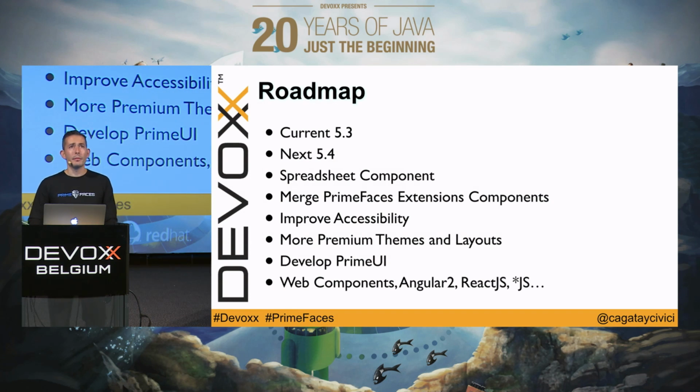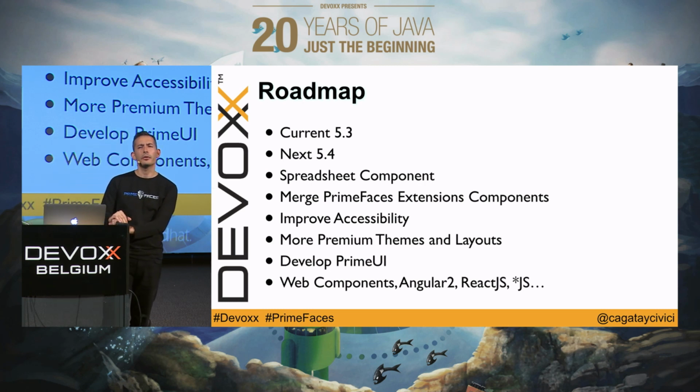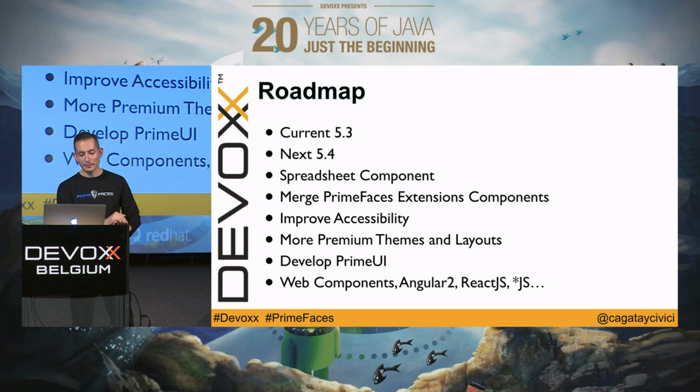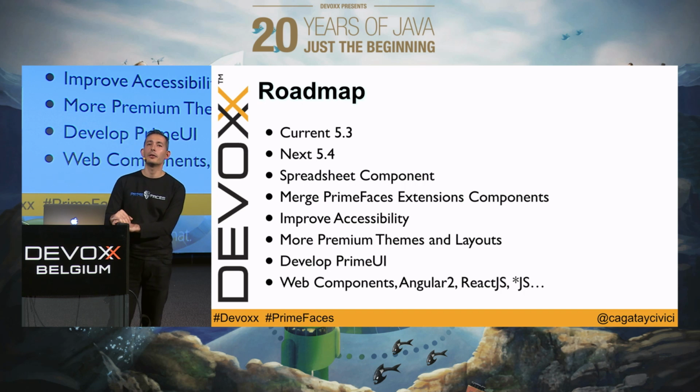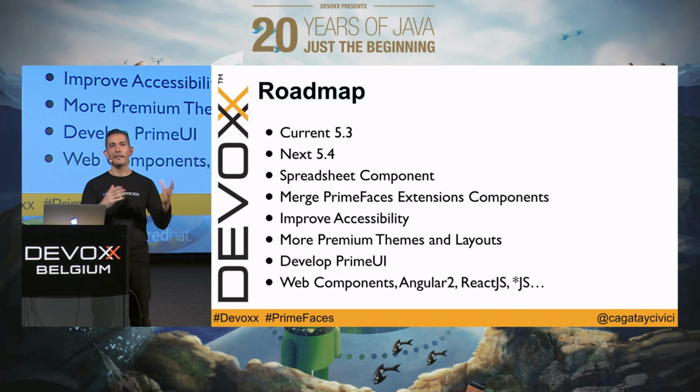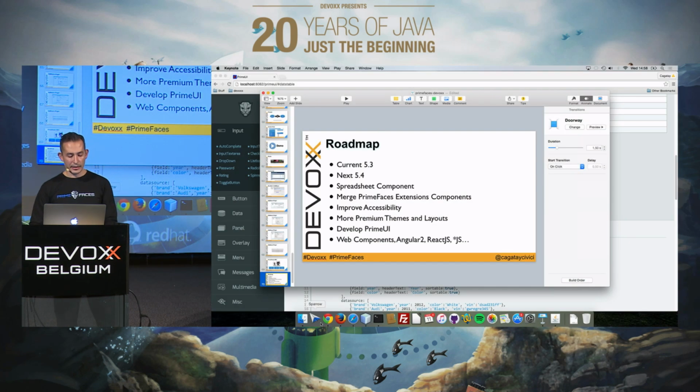So, the roadmap. Right now we are on 5.3, and the next version is 5.4. It was planned for January, make it March, probably. There's a new spreadsheet component coming. We are working on that so that you can have Excel-like features on the web. We will merge the PrimeFaces Extensions components.